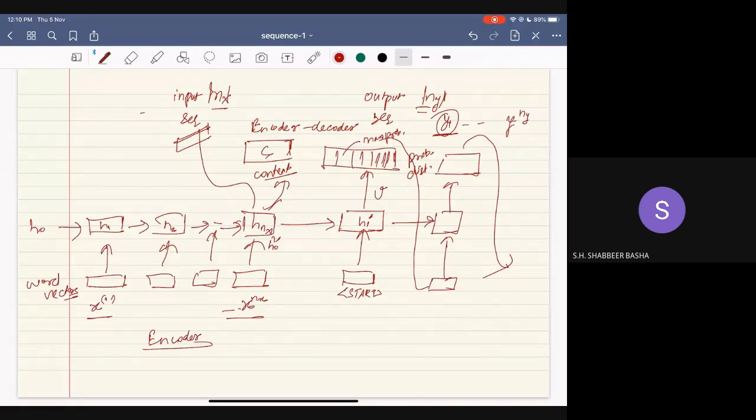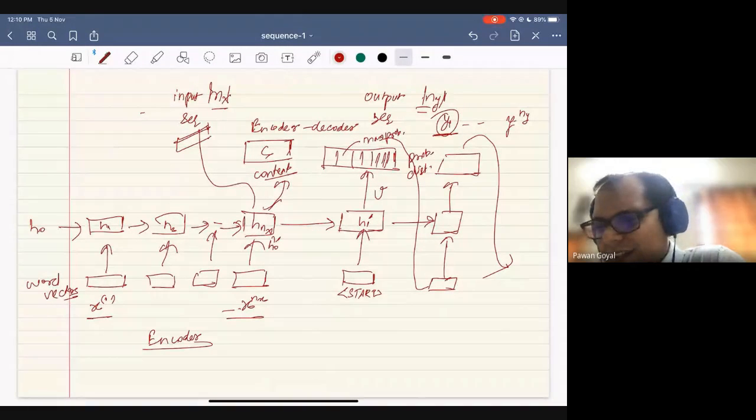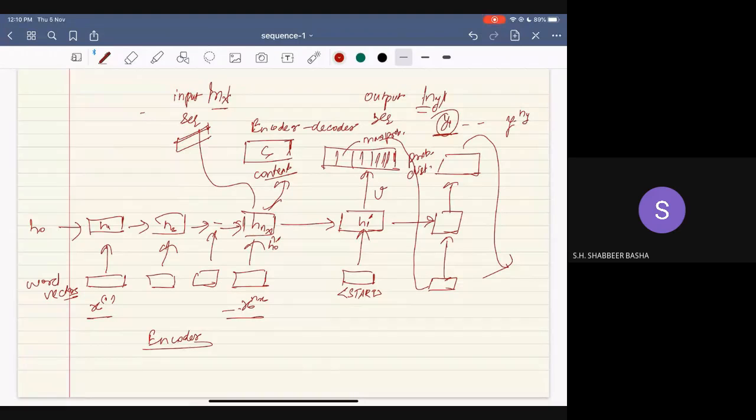Sir, I have a question here. Yes. Again, these two inputs belong to two different languages. Now, how is the loss function framed here?